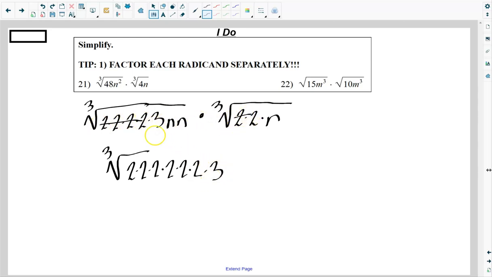This 3. It's going to be, in some cases, more than others, so you want to keep track carefully. 1, 2, 3. And now that they're combined, let's circle the factors that repeat the index amount of times, 3 in this case.